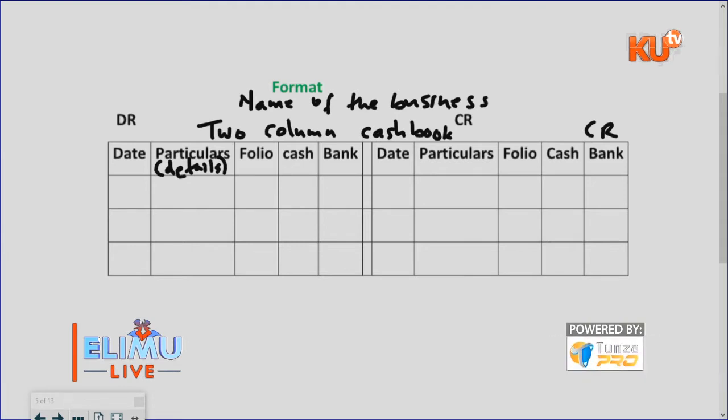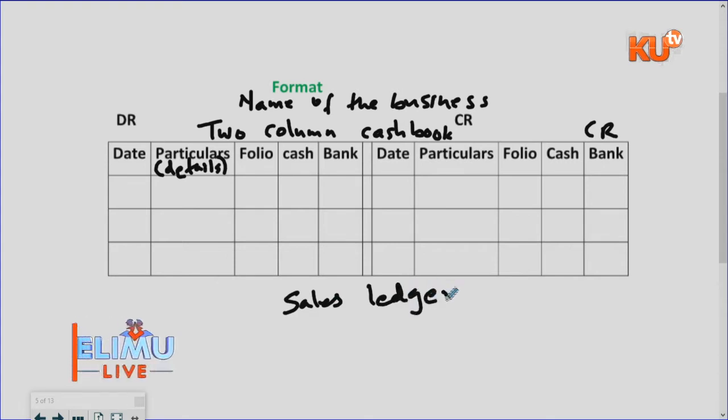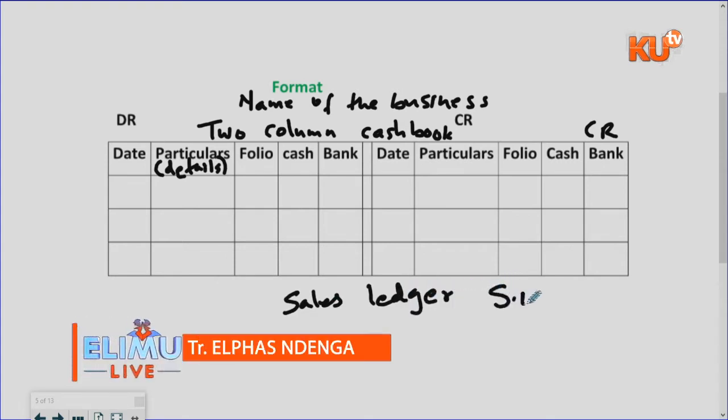And we'll be using different accounts. For example, we can have what we call the sales ledger. In this case, we use the abbreviation SL under the folio. We have the purchases ledger, and we use PL to mean the purchases ledger in the folio.